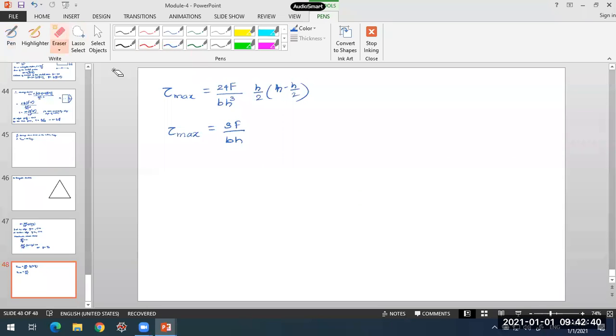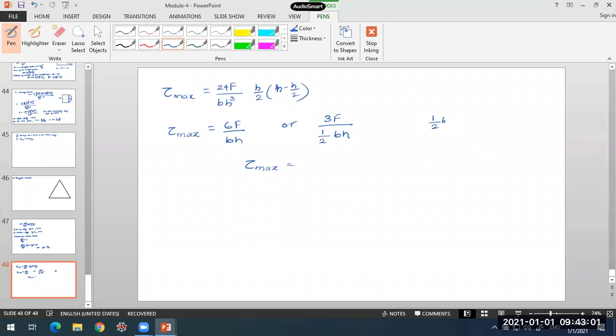This will be 6F upon B into H. 6 4s are 24, 4 6s. Or 3F upon half B into H. So this is tau max.